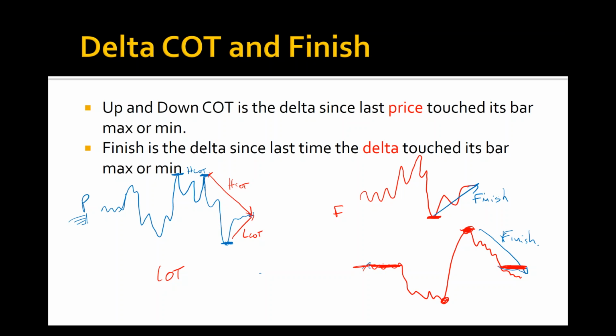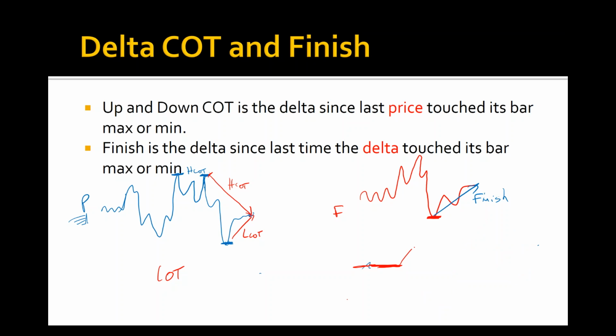Unless they have a really flat delta, which is not possible because in the bar we always have buyers or sellers, we cannot have a null finish, unless, which happens, we end on the top. For instance, let me erase everything.